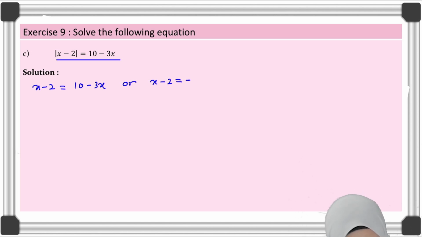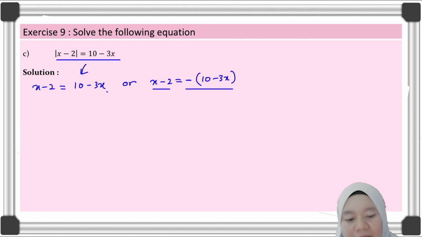Kita letak negatif di luar dan kita bracketkan 10 minus 3x. Alright. Okay, boleh faham? So yang first kita akan ikut soalan tu, x minus 2, ikut je. Cuma the second one, soalan tu still lagi x minus 2 sama, cuma sebelah kanan ini kita negatifkan, kita letak negatif kat depannya. Right.